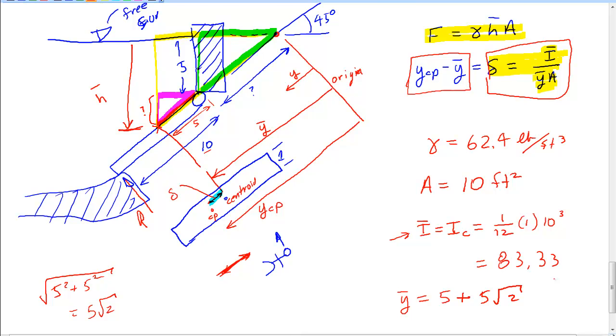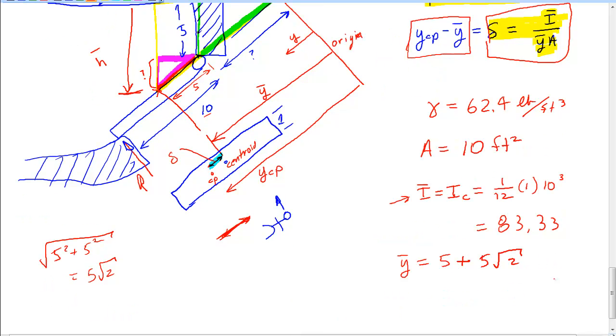Let me grab a calculator. That number ends up being 7.0710. Yeah, 7. There you go. That's good enough.